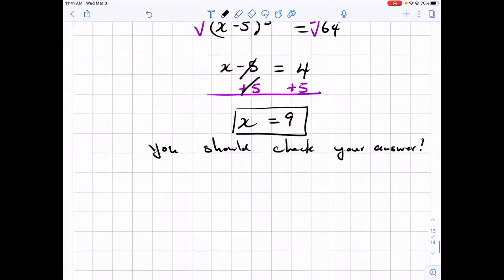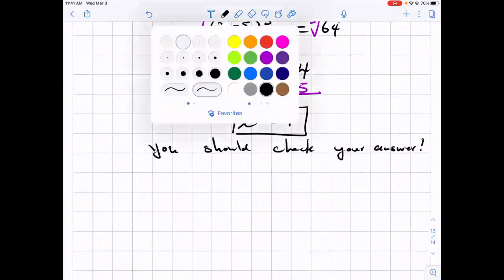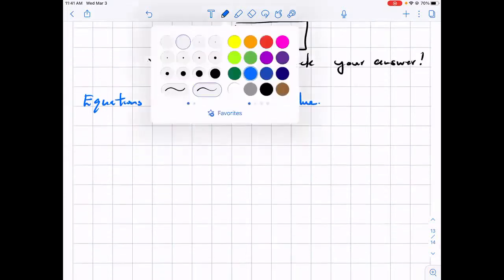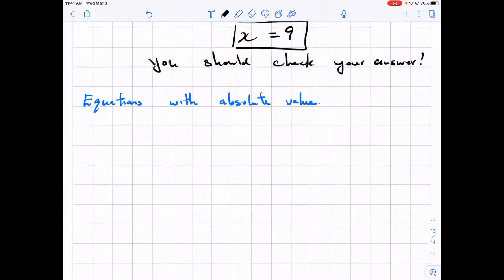We can also look at equations with absolute values. For example, if we have 2 times the absolute value of x minus 3, plus 6 on the outside, and that's equal to 18.